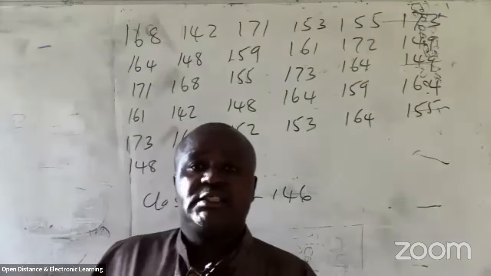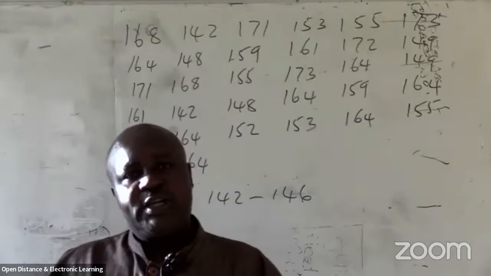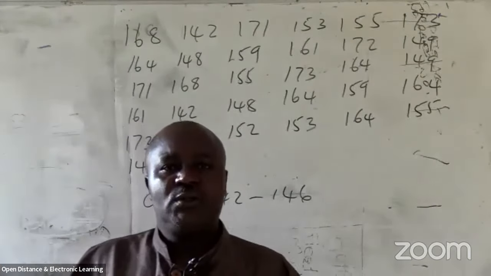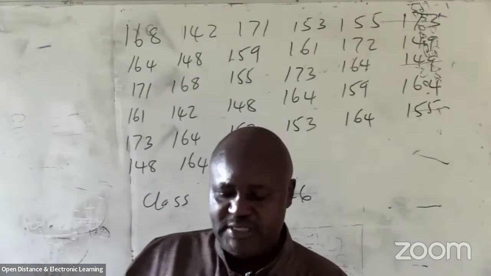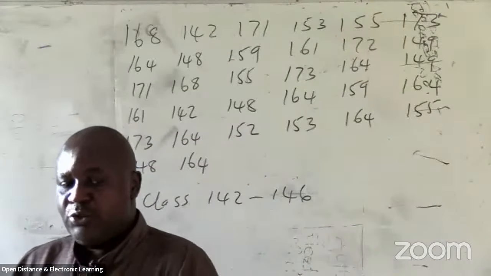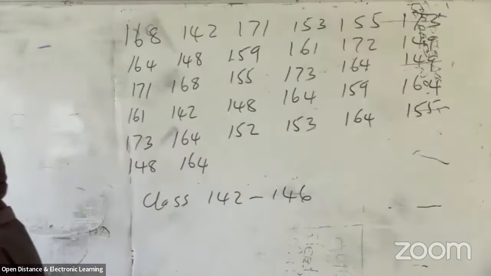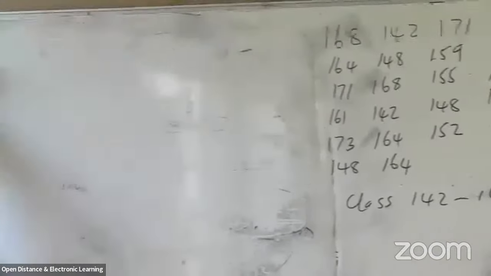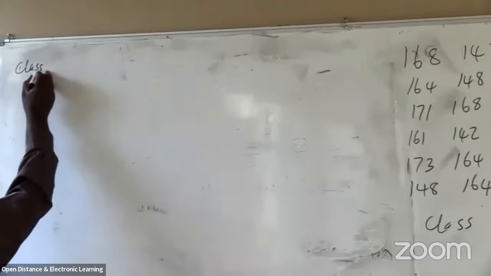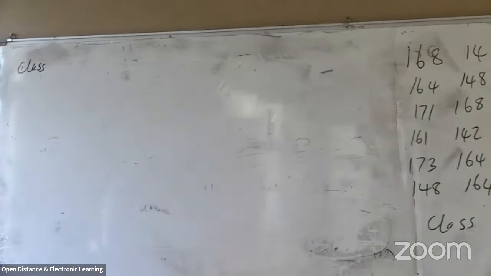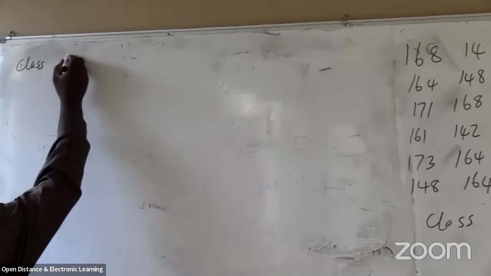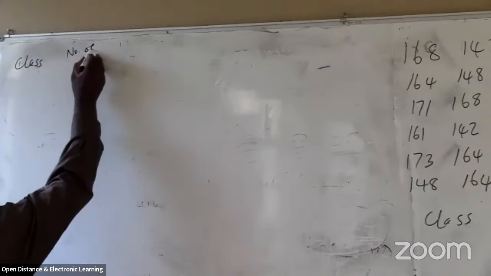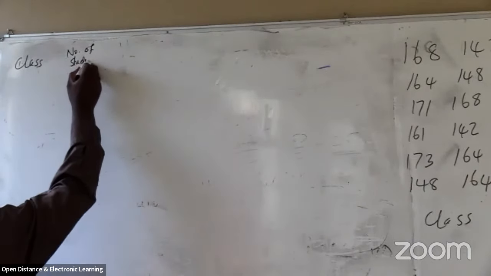I want to use that so that we clear the measures of central tendency using that example. So if you did it correctly, you must have gotten the following. We have the class, then the number of students.